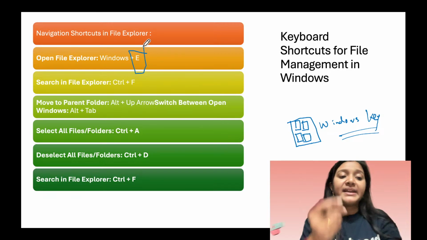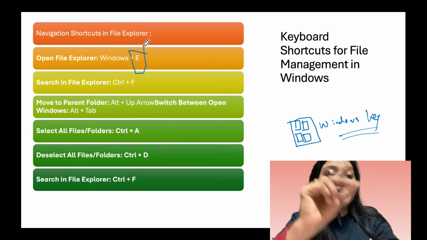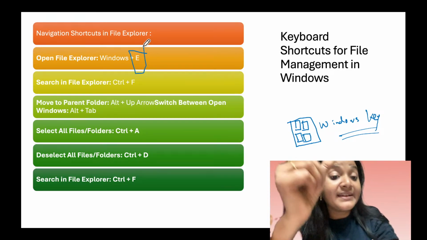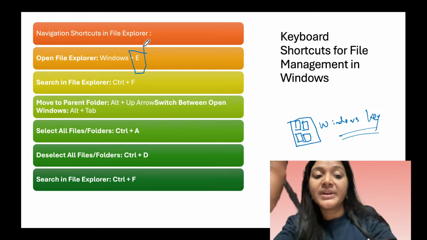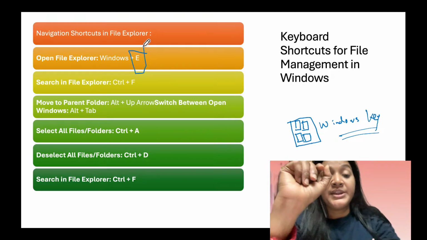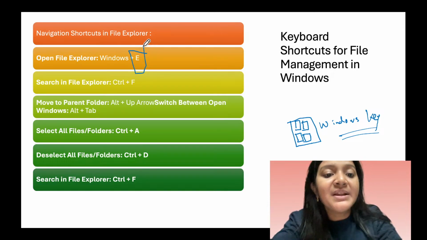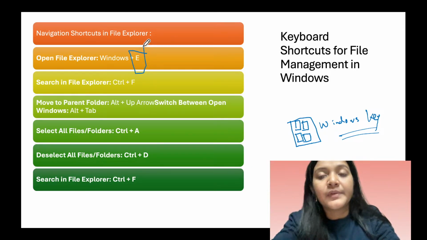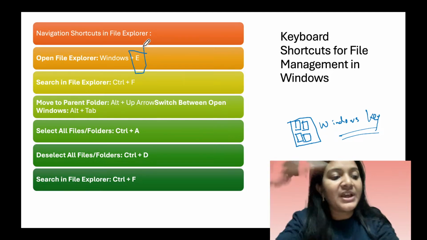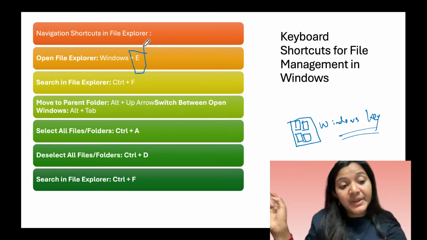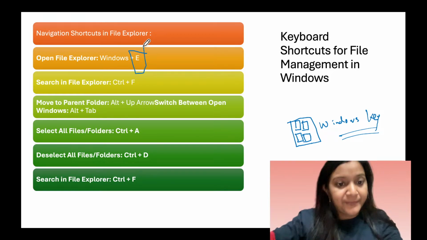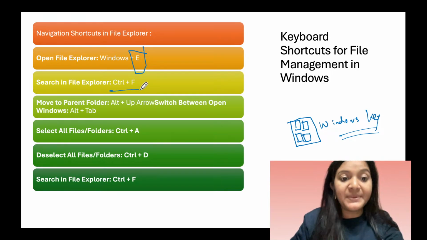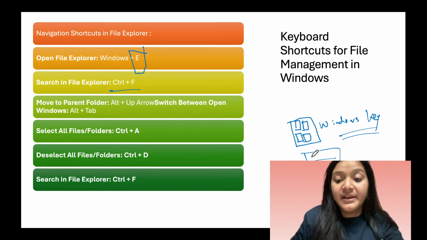If a question comes that there is a recently downloaded file, but you are not able to search it, you forgot where you downloaded or saved it. So what will you be doing? You can directly press Control F on your keyboard. Look at this, Control plus F, press it, and the File Explorer search bar is activated.